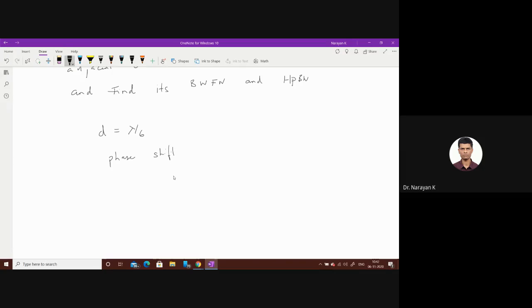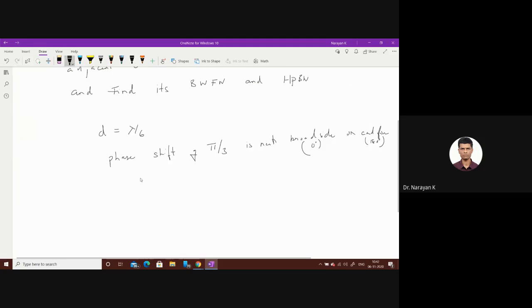Broadside means no phase shift, or 0-degree phase shift, and end fire means a 180-degree phase shift. So it is neither. So you have to find out your subsidiary maxima formula. You have to derive it. So don't worry.